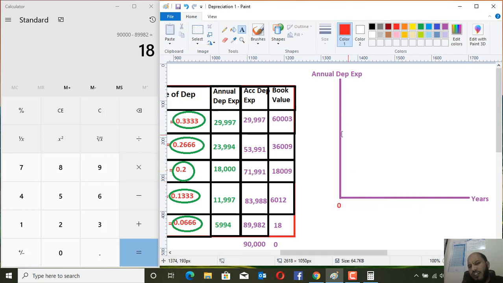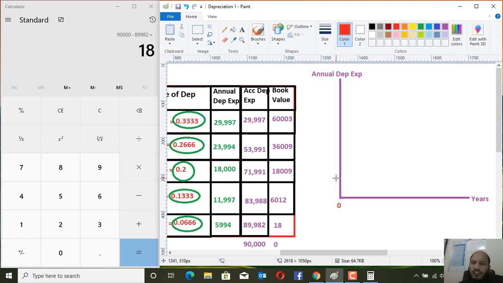Here we will measure the annual depreciation expenses, and our highest depreciation expense was 39,997. So let's make a difference of 7,000 over here.